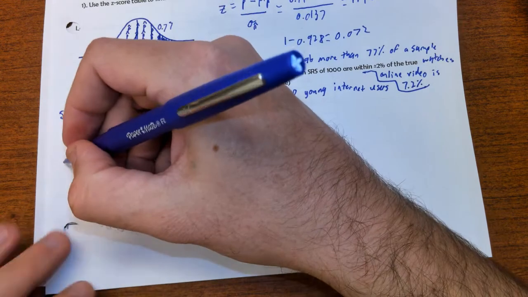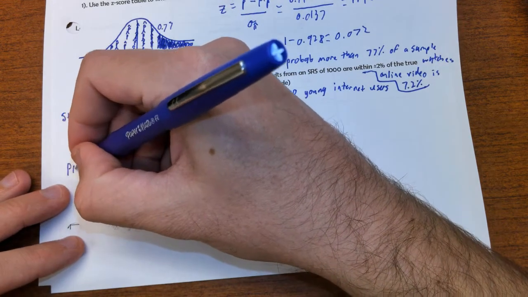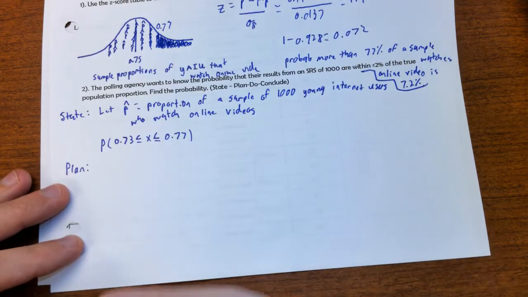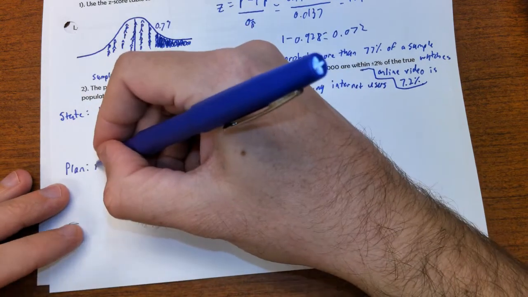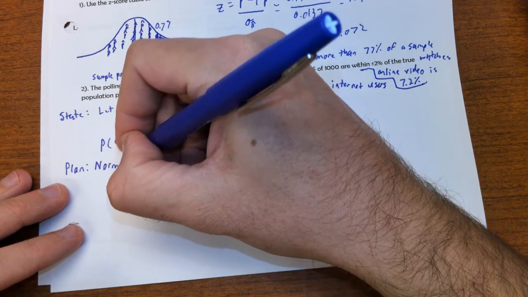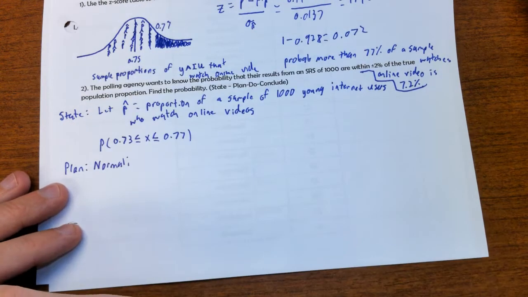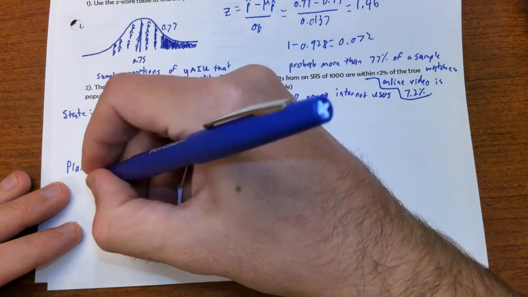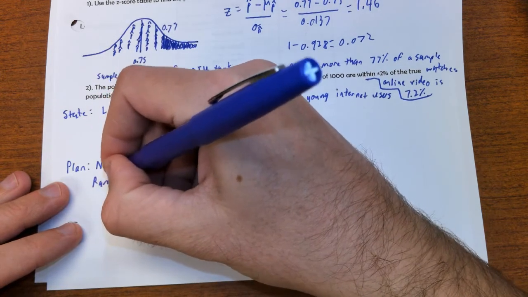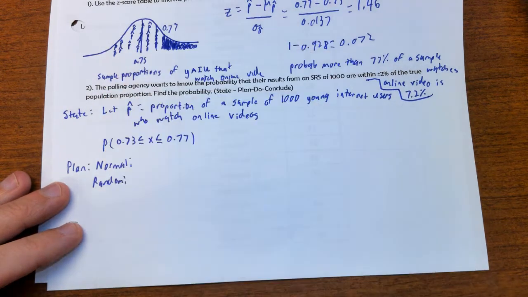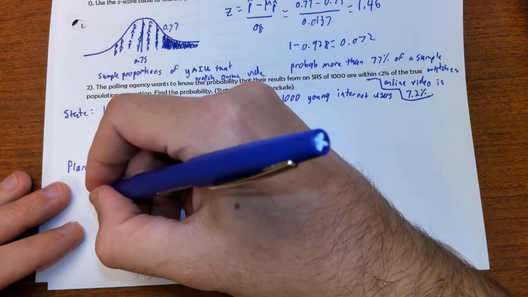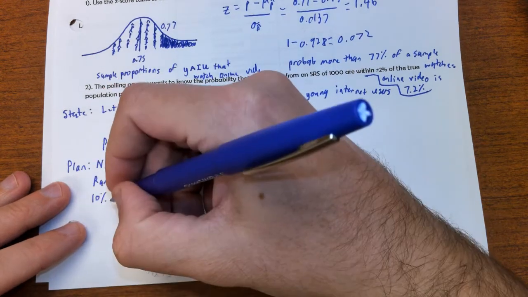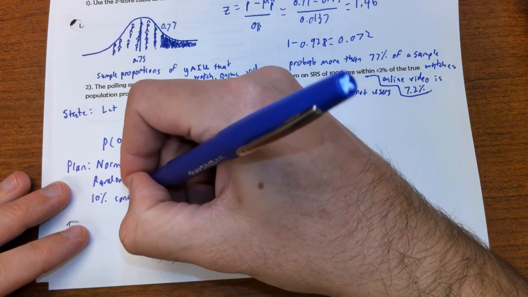Now, for our plan. In order for us to be able to calculate this effectively, we need to be able to show that our curve is approximately normal. We need to show that we've taken a random sample, that there's no bias, and we need to show that we've met the 10% condition.